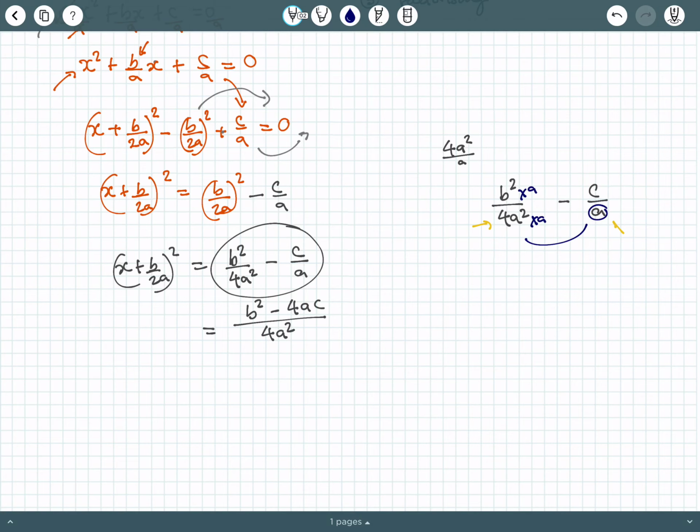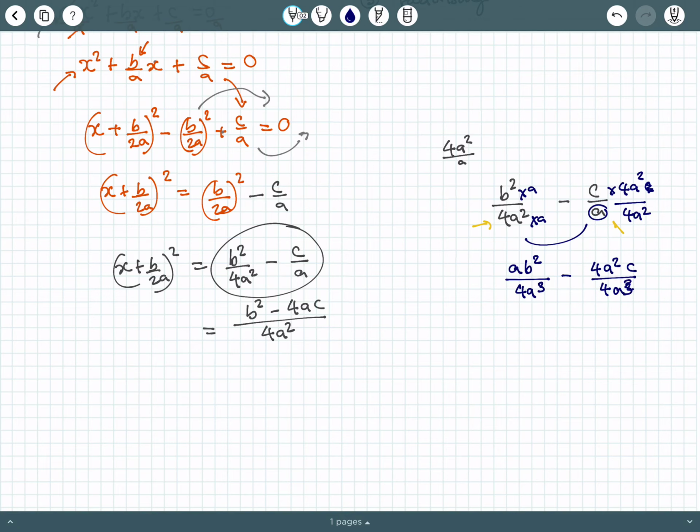And then the 4a squared, you multiply it here. 4a squared, not 4ac. And then 4a squared again. So in the end, you have ab squared over 4a cubed minus 4a squared c over 4a cubed.